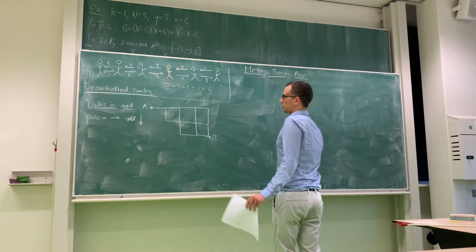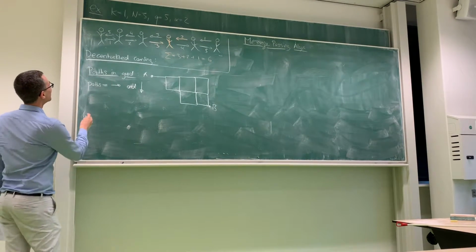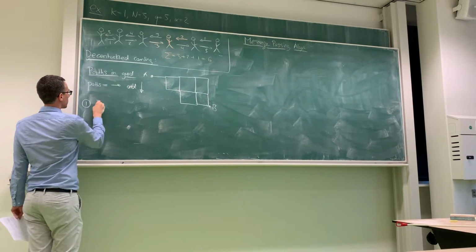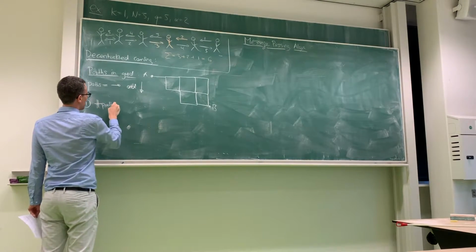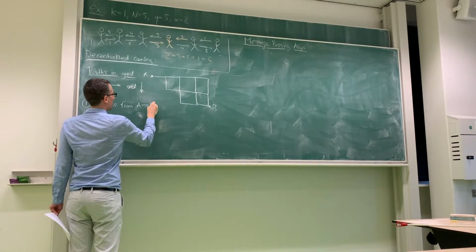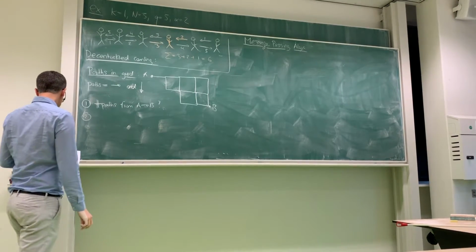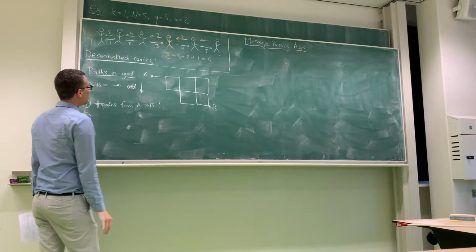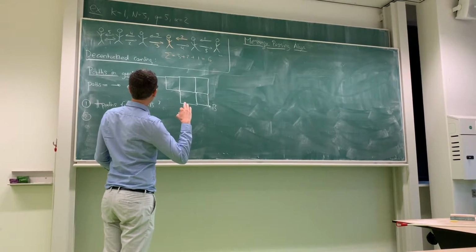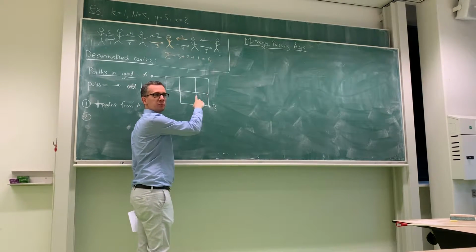And now I have 3 questions for you for the remaining 3 times 2 minutes or so. First question is, what's the total number of paths from A to B? Second question is, what is the probability that a random path goes through a certain point P?